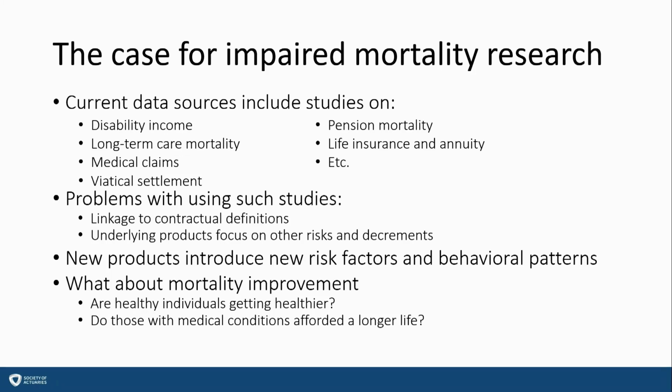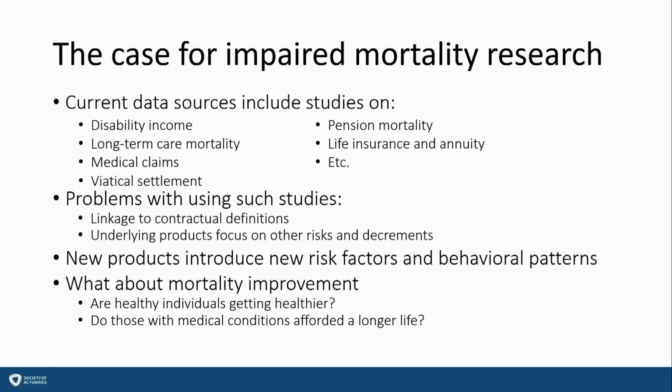Viatical settlements, pension mortality, life insurance, all of these will have data in it that looks at impaired mortality. But they're very hard to piece together into something cohesive. So they have different definitions, they're sold differently, the underwriting might be different as well. But as more and more of these products emerge, I think we'll have to look at this in detail and also add other layers of behavioral aspects that will need to be studied.